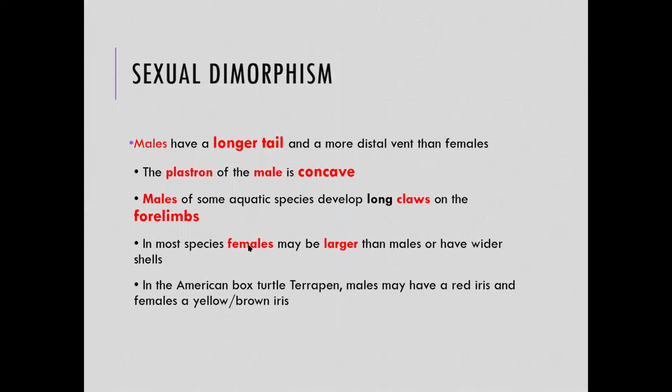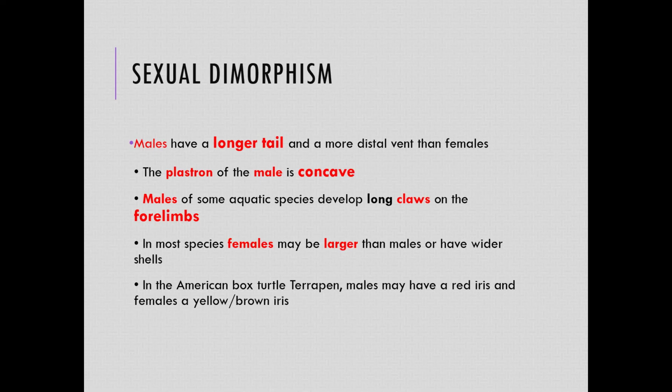Okay, we move to their sexual dimorphism. It's a little bit different from snake. They have some anatomical differences between the male and the female, especially in freshwater turtle and seawater turtle, which is very big different in their anatomy. Especially in freshwater turtle, in some species, the male has a longer tail and more distal fin compared with the female.